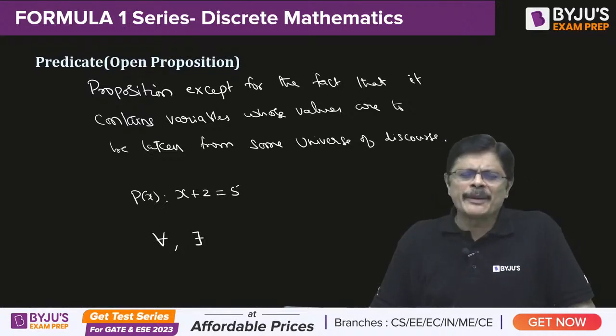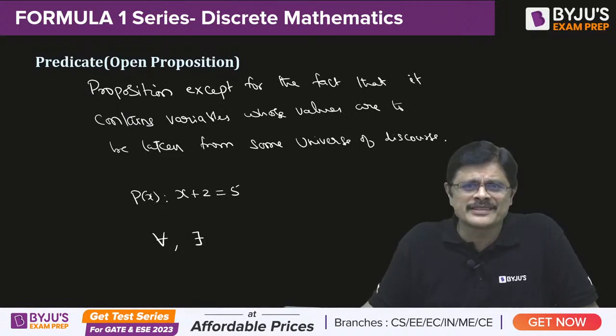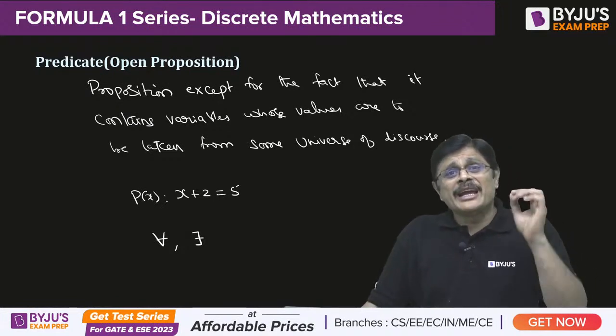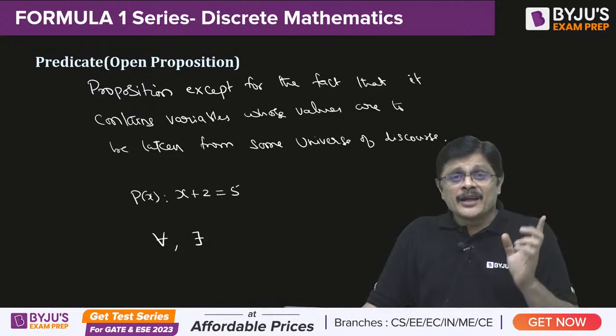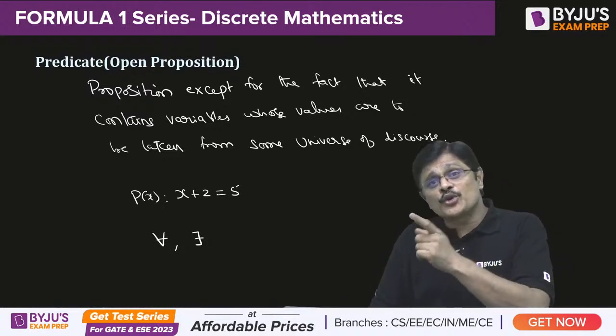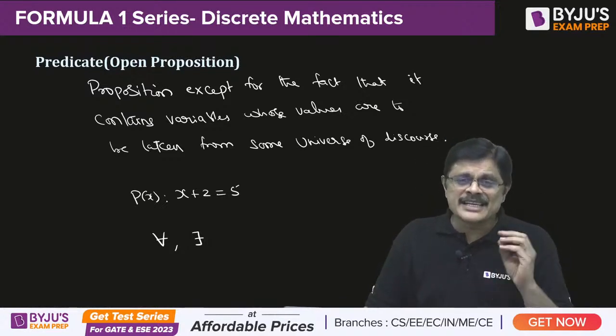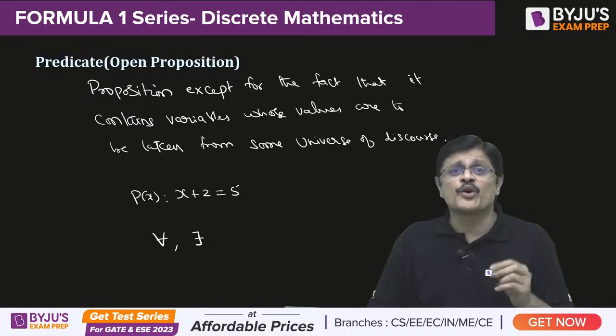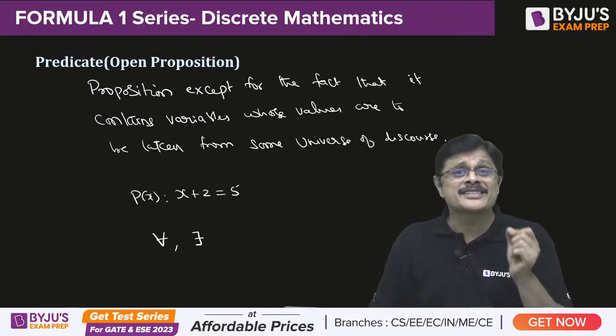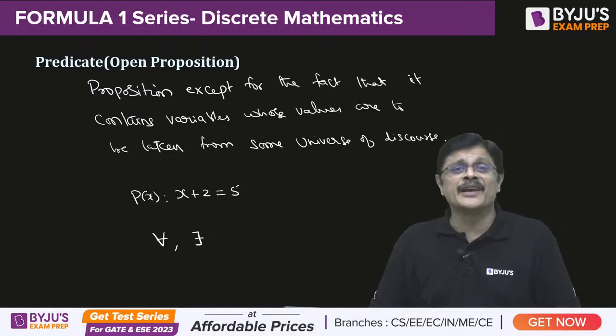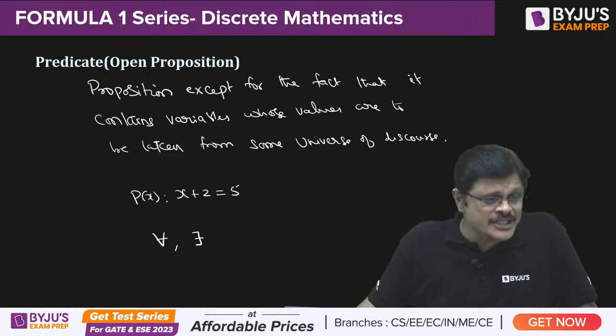Most of the people who learn predicate calculus always mess up with these two things. Here we are going to symbolize what you mean, not the truth value. That you need to understand when you want to understand predicate logic, my dear friends.